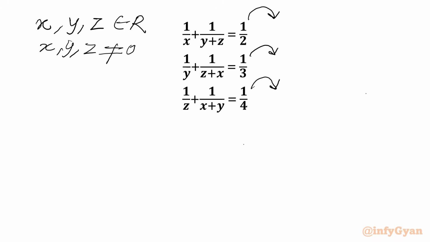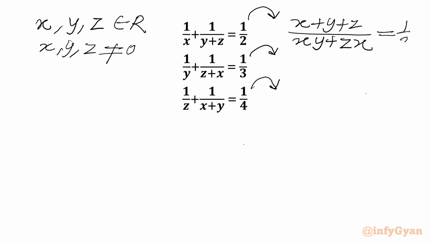So we'll get y plus z plus x, which we can write x plus y plus z in the numerator over x times y plus z, xy plus zx equal to half.